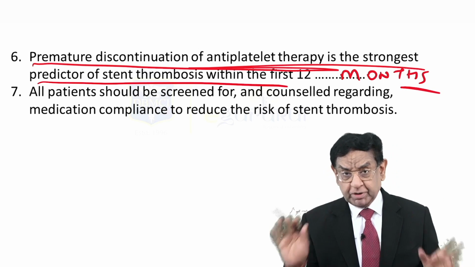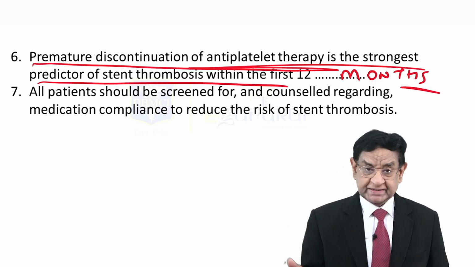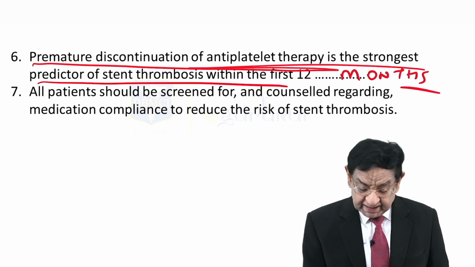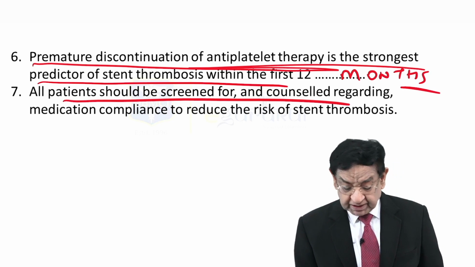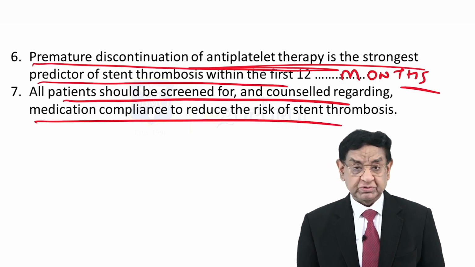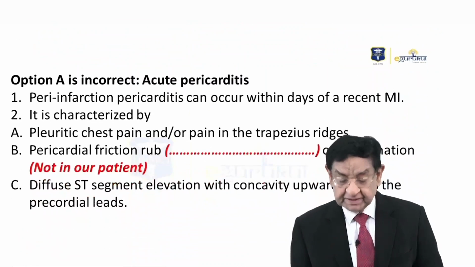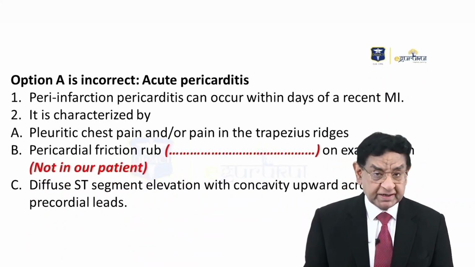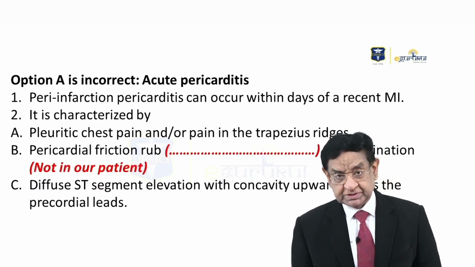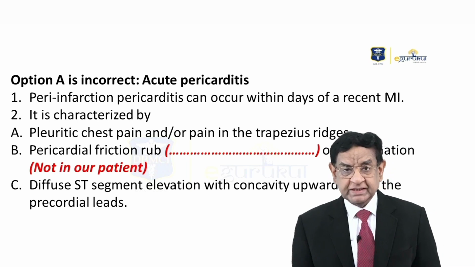It is such an important point that DAPT should be continued for a minimum of 12 months, and in our case, it happened in 10 days. Every patient should be screened and counseled regarding medication compliance to reduce the risk of stent thrombosis. So quite possibly in our case, the patient did not comply with the drug, and that led to restenosis of the same artery, so-called stent thrombosis.